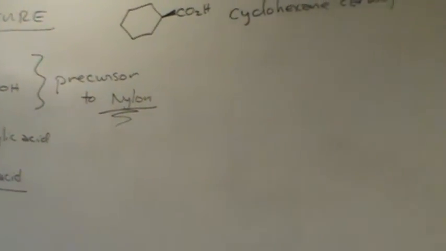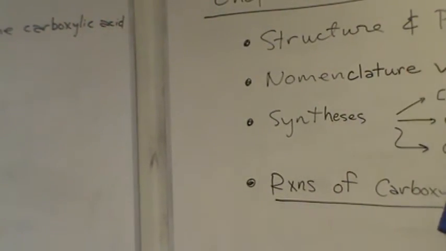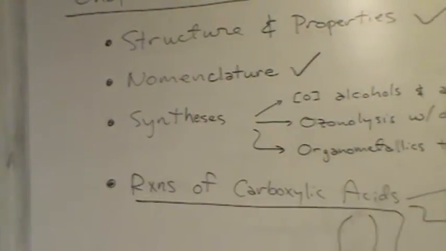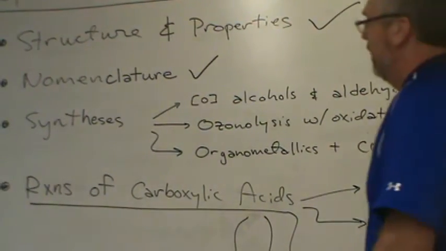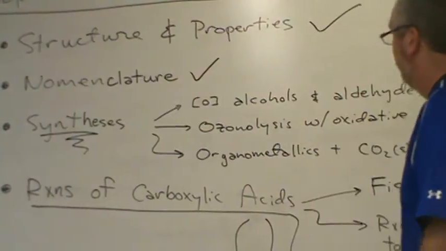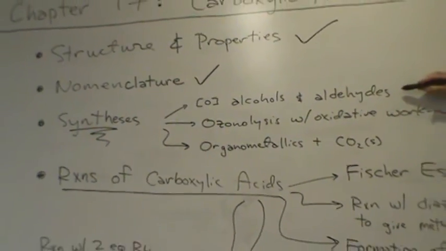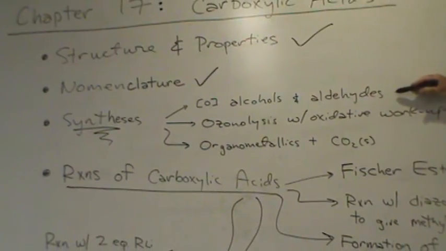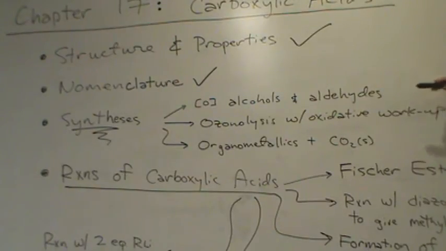So we've covered nomenclature, we've covered structure and properties, and now it's time to turn our attention to syntheses. How do we actually synthesize carboxylic acids? I'm going to talk about 3 syntheses. 2 of them you've already covered. So very recently, you learned about the oxidation of alcohols and aldehydes to carboxylic acids, and we're going to review that.